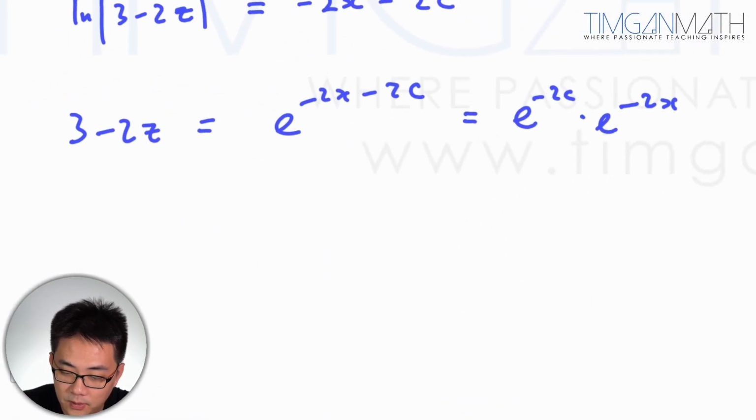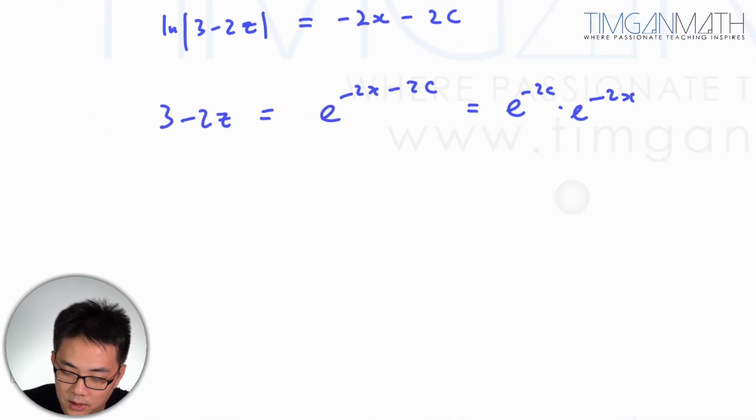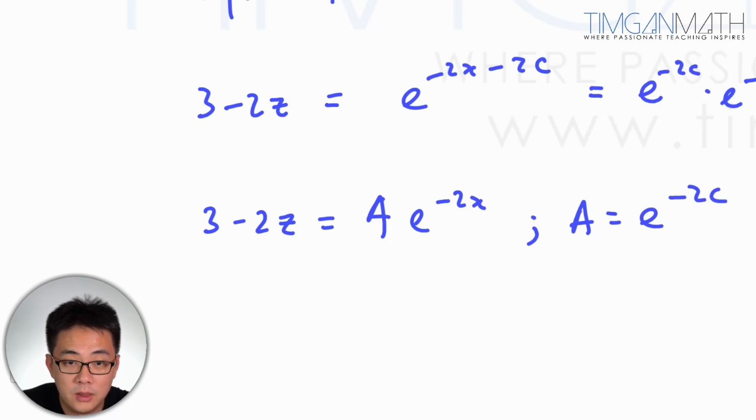In this case, 3 minus 2z equals A e to the power of minus 2x, where A equals e to the power of minus 2c.